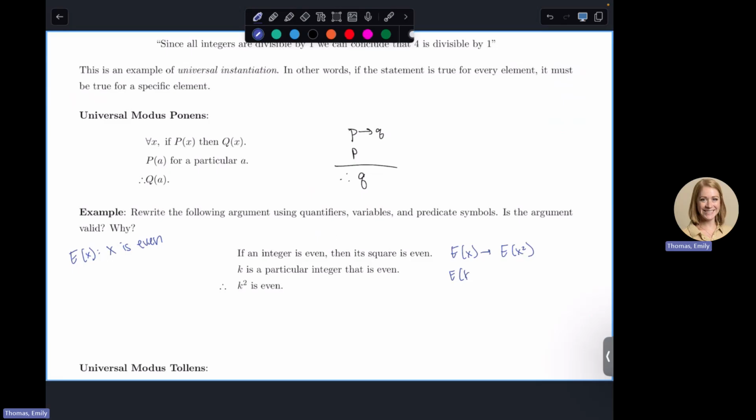This is saying that k is an even integer, and then the argument is that, therefore k squared is even. So this is modus ponens. We okay with that much? Yes? Alrighty.